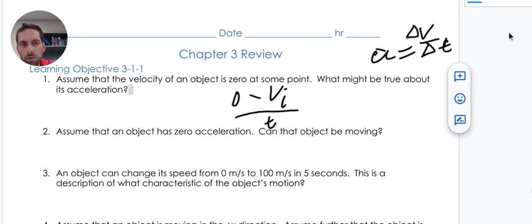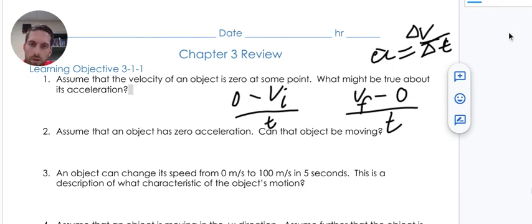And we want to know what could be true about it. It could still be accelerating though, if that's true, based on these cases. Right? So it could still be accelerating.